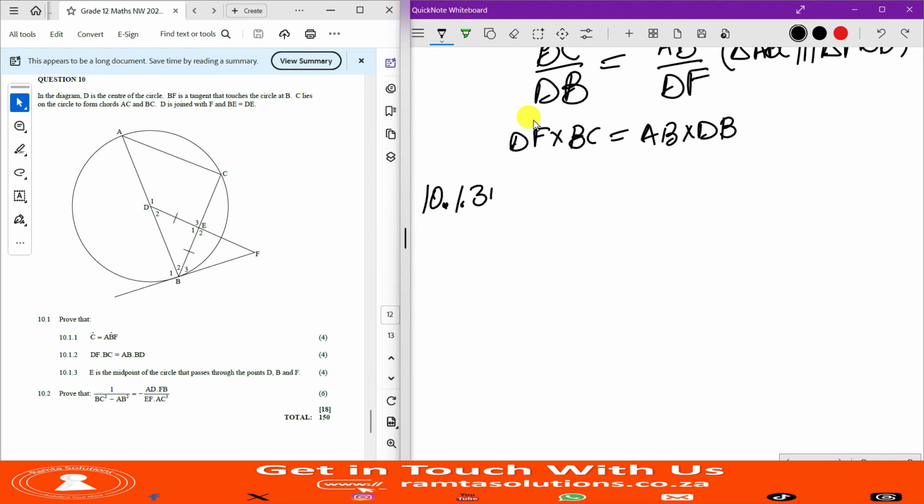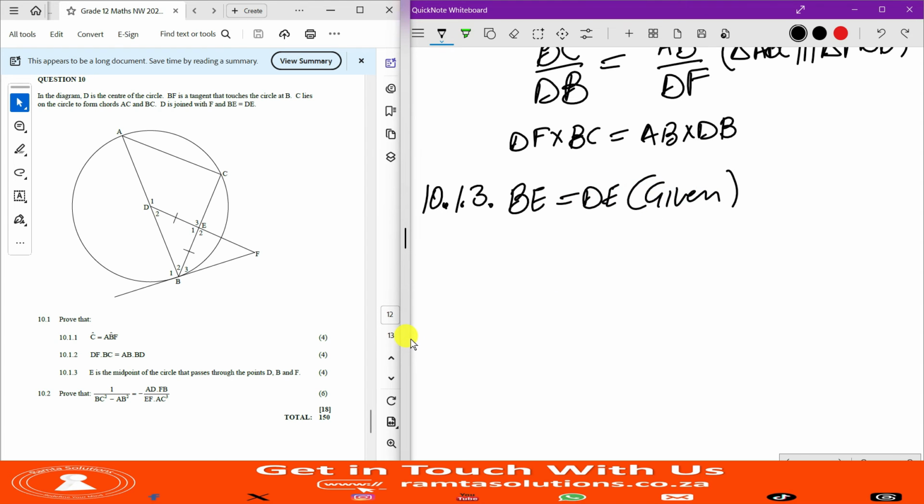Let's get to it. So, we are told that BE is equal to DE. All right, it is given. Hold on.